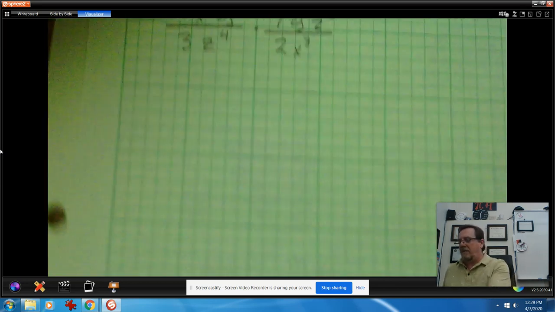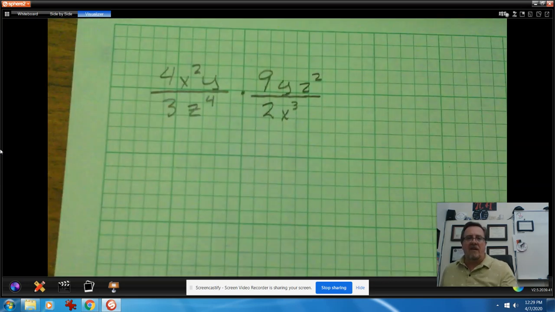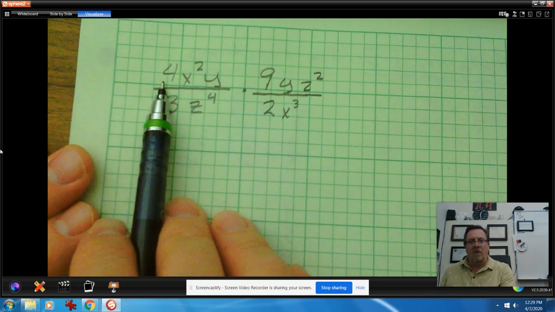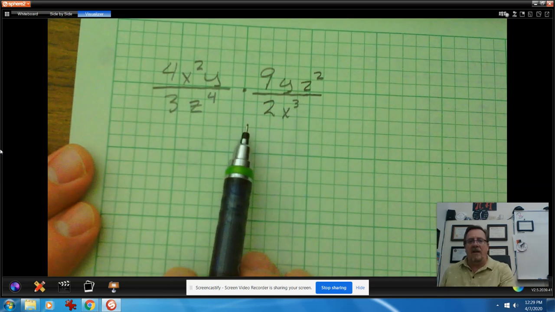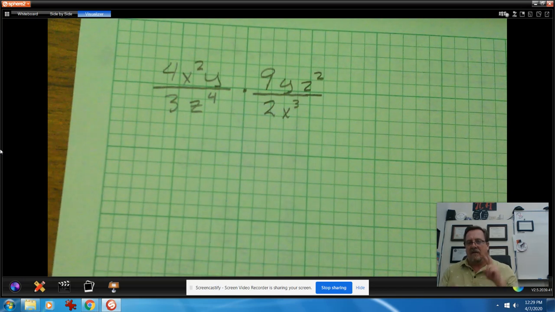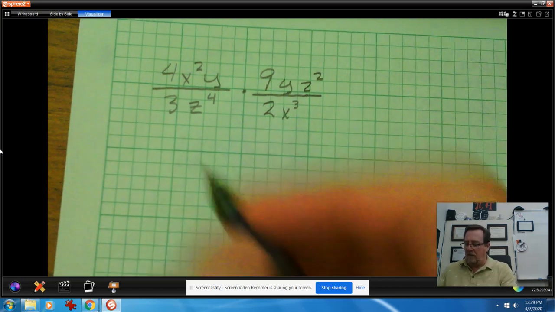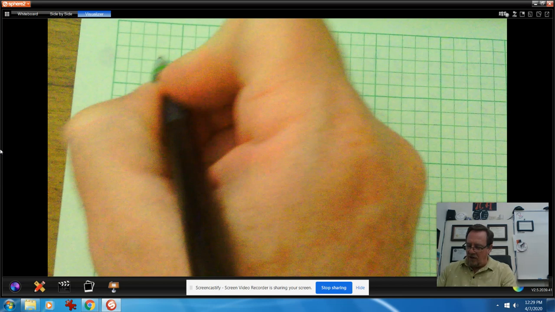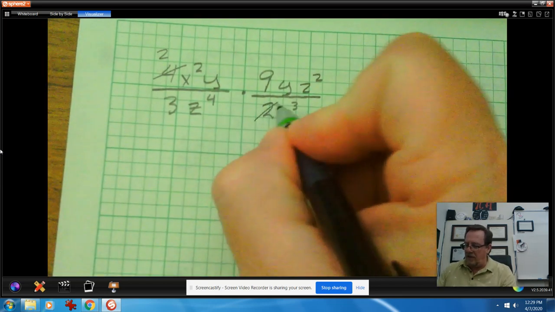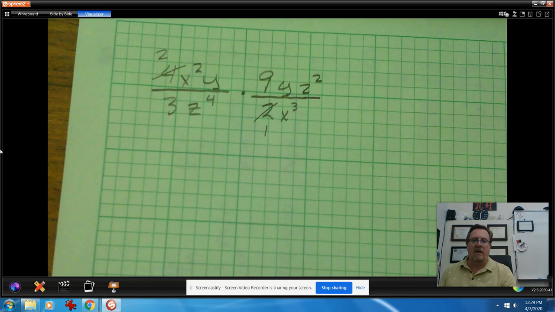Sure enough, when you look at this, I can see some common factors on the top and the bottom. For example, 4 on the top and 2 on the bottom, they both seem to have common factors of 2. If I were to take 4 and divide by 2, I'd get 2. If I were to take 2 and divide by 2, I'd get 1.